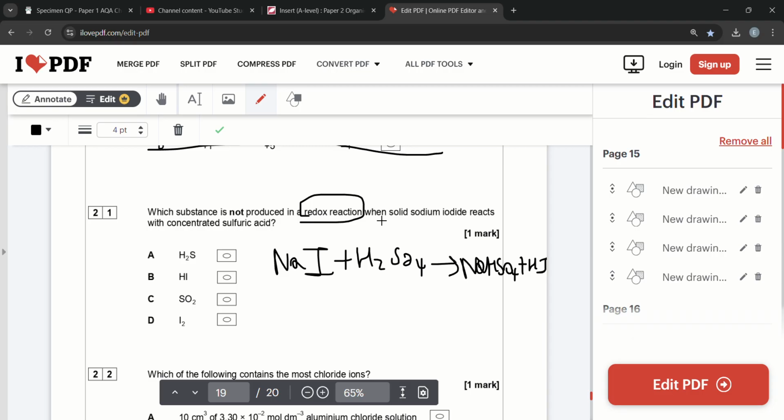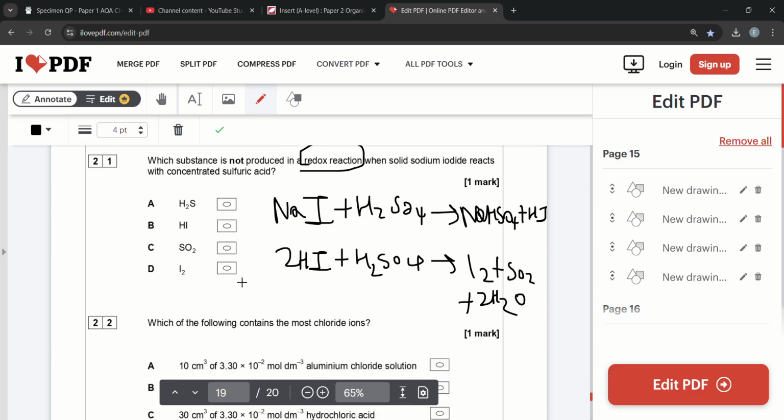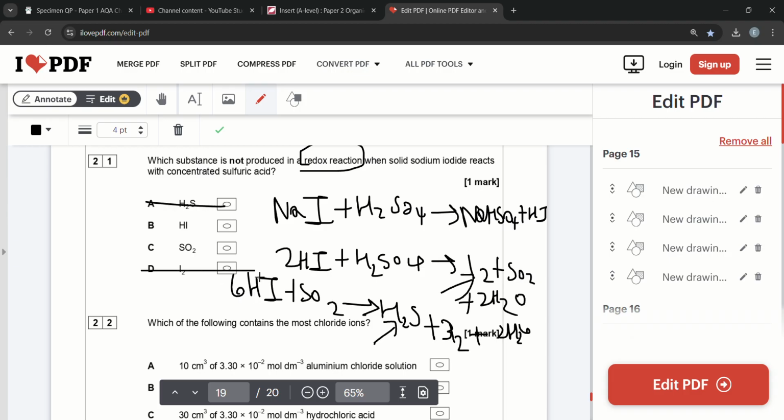In the redox reaction, we're looking at reduction and oxidation, but that's with 2HI plus H2SO4, I2 plus SO2 plus 2H2O, and then 6HI plus SO2, H2S hydrogen sulfide plus 3I2 plus 2H2O. Hydrogen sulfide is produced, iodine is produced, SO2 is produced, hydrogen iodide is not produced in the redox reaction. So that's the key detail.